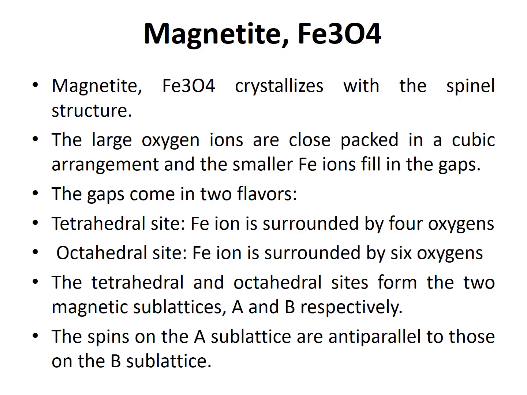The gaps come in two flavors, tetrahedral sites and octahedral sites. In the tetrahedral site, the iron ion is surrounded by four oxygens, and in the octahedral site, iron is surrounded by six oxygens.